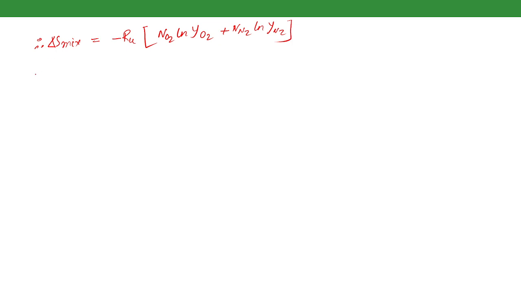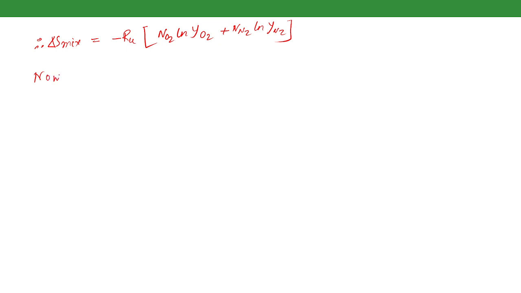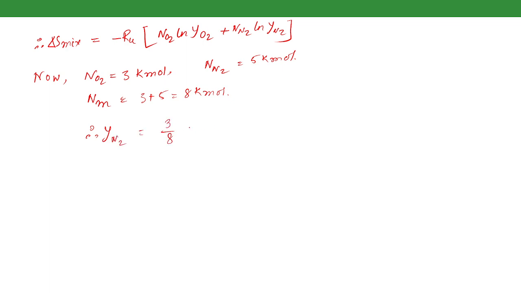Now, the number of moles of oxygen is 3 kilomole, and the number of moles of nitrogen is 5 kilomole. So the total number of moles in the mixture is 8 kilomole. Therefore, the mole fraction of oxygen is 3 by 8, that is 0.375.